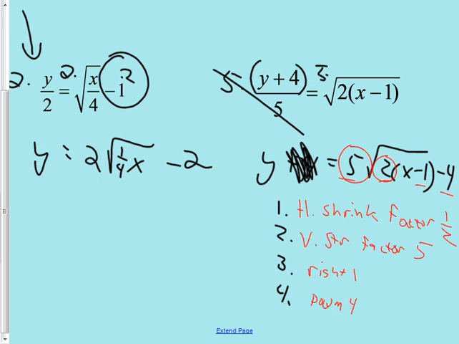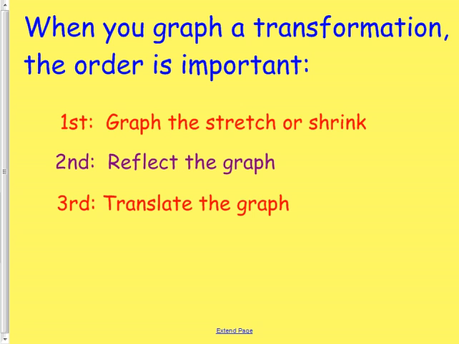How many of you had that right? All right. That's a tough one, because the order is what kills everybody. When you graph them, the order is important. Do the stretch or shrinks, and then do your reflections. Actually, this is kind of funny. The teacher who wrote this does it differently, I believe. Well, these all can be tied with each other in value, but I do like this to be first and this to be second.